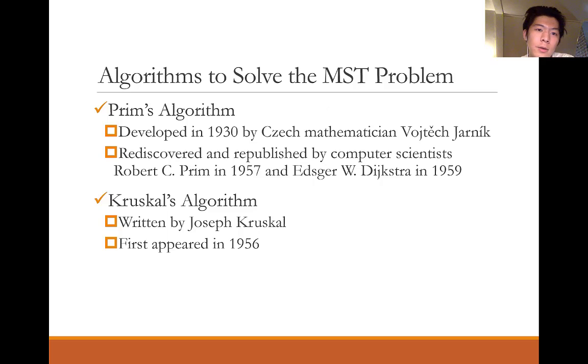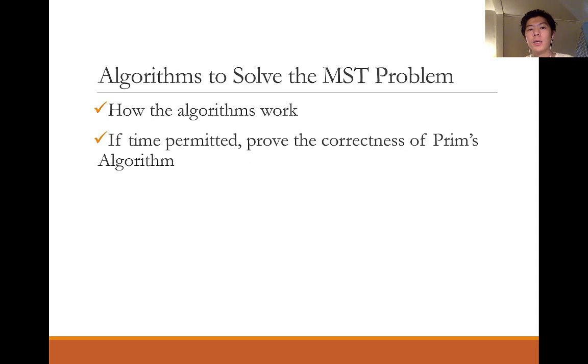Another really useful algorithm is Kruskal's algorithm, which was written by Joseph Kruskal in 1956. I will show how both algorithms work first, and then if time permits, I will try to prove the correctness of Prim's algorithm in the lecture.